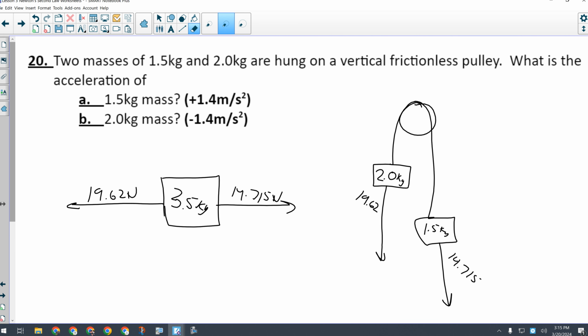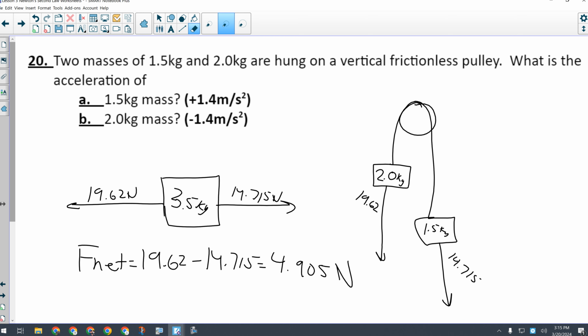Because those two forces, even though they're both gravity and they both act down, are opposing one another. So now, can I calculate the net force? Since they are opposing each other, I do have to make one of them negative. So I'll have 19.62 minus 14.715, which should give me 4.905, I believe, newtons.